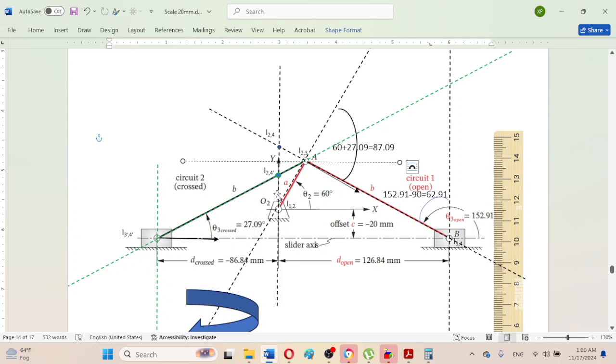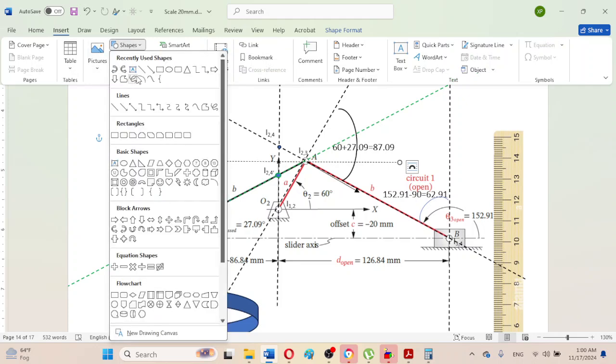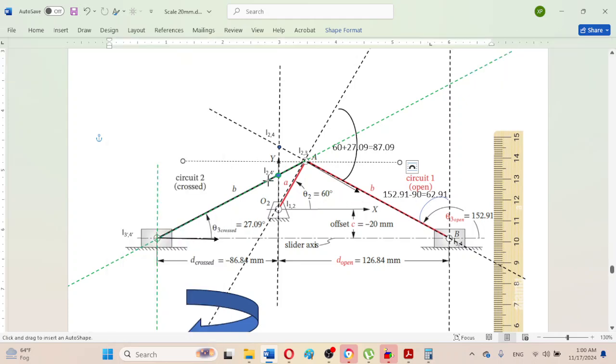So that angle can be mentioned here. For example, just use the arc symbol here and just rotate it here like this. Actually these angles can be measured with the help of a protractor.